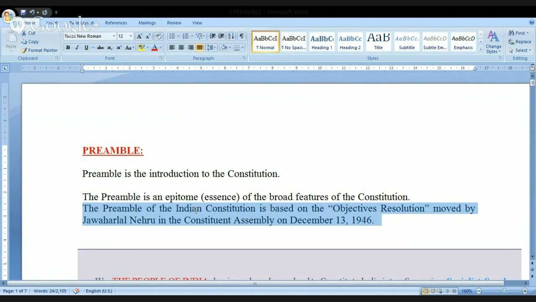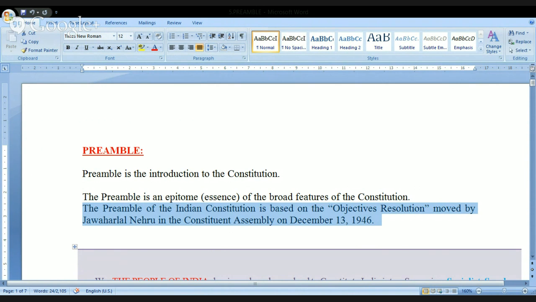And he moved it on December 13th, 1946. And we know all these points. Later, the objectives resolution has been adopted into the Indian Constitution in the form of the preamble. Hence, we give highest respect to this preamble.